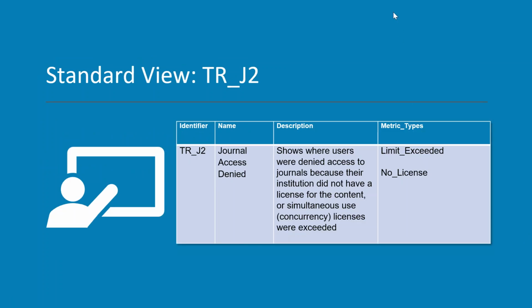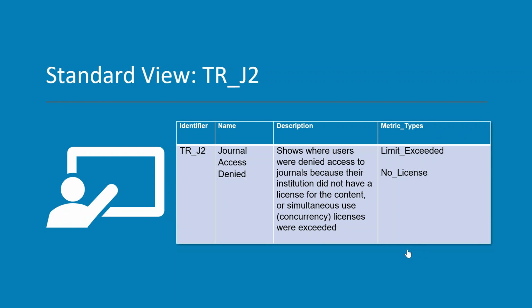So the next standard view is TRJ2. Now this is journal access denied, and this shows where users were denied access to journals because the institution didn't have a license for the content. You might know that as a turnaway, so that's just something to bear in mind. The denied access for no license is usually a turnaway.